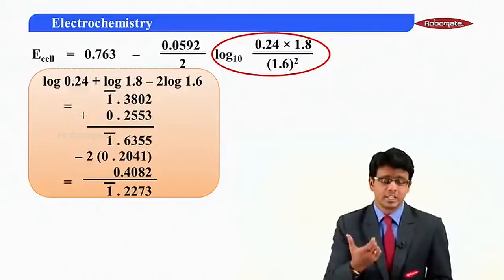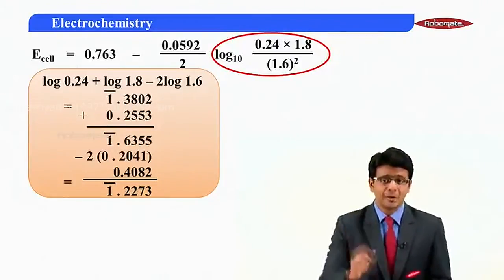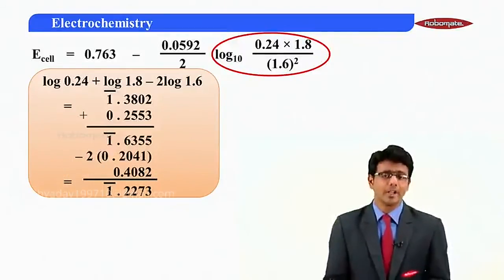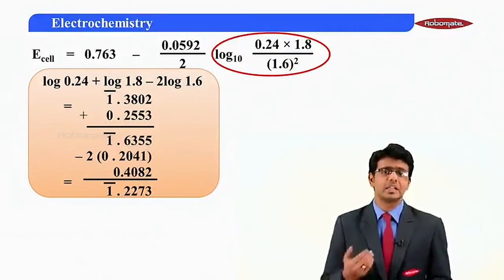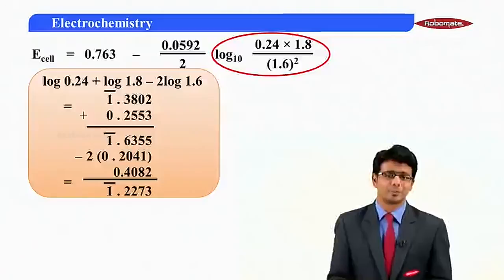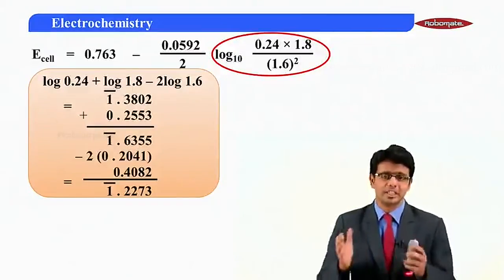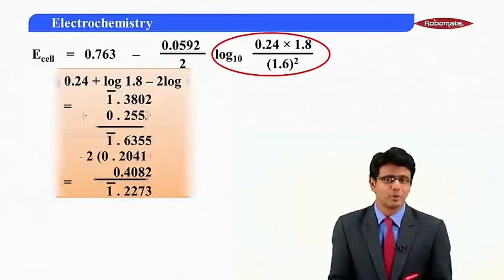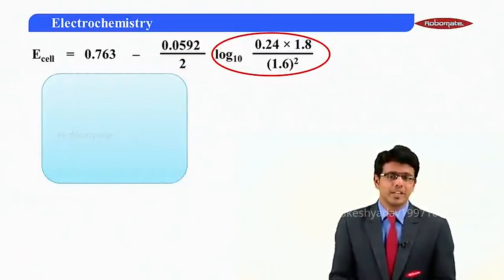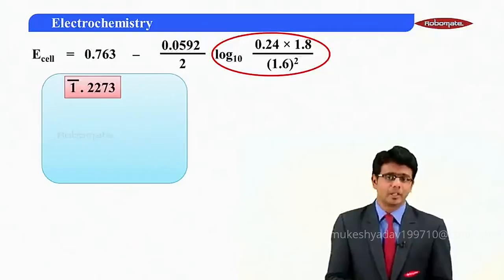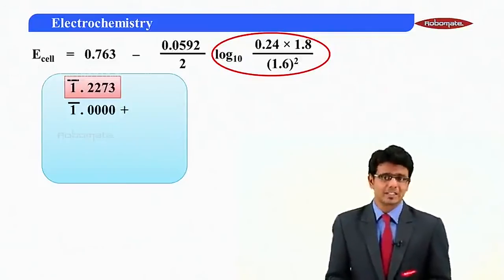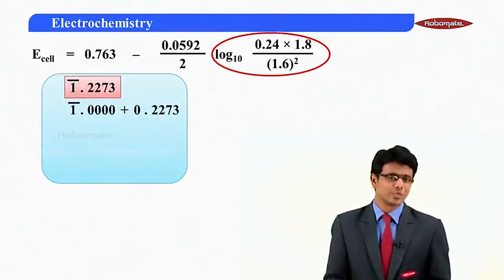Now students, this bar 1 is negative and 0.2273 is the positive value. So precisely, we need to convert this entire value into a negative value. So how do we do it? We have here bar 1.2273. We split it into two parts: bar 1 plus 0.2273.